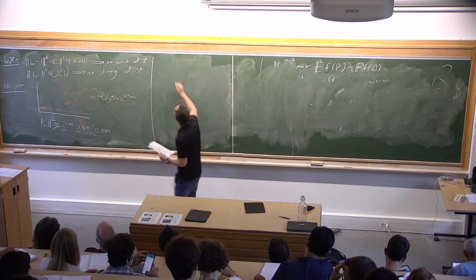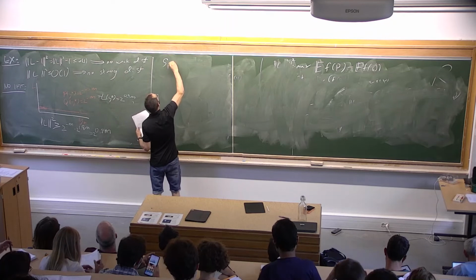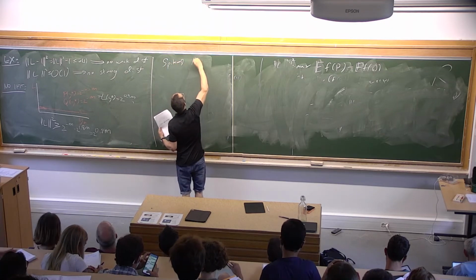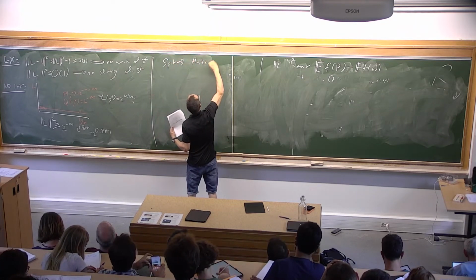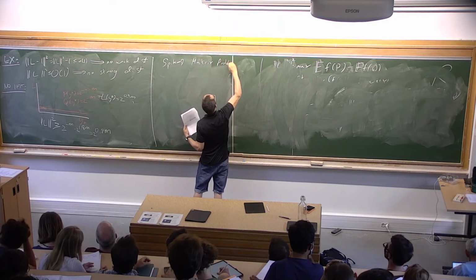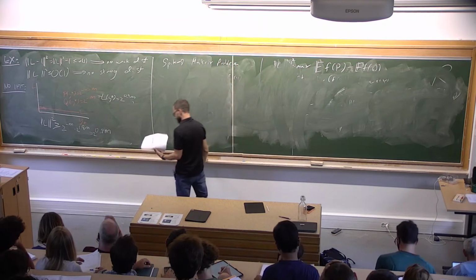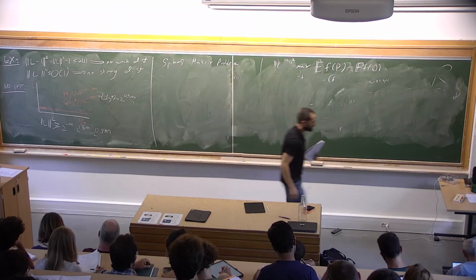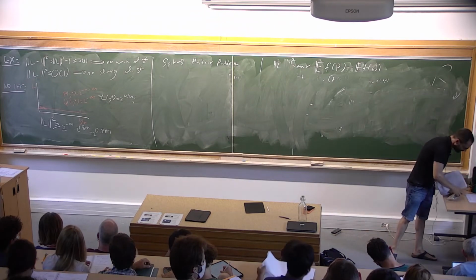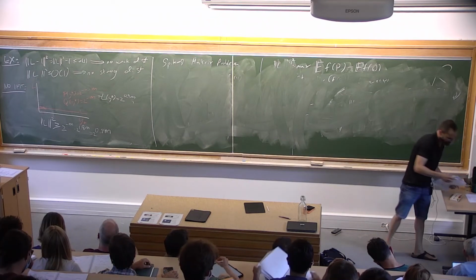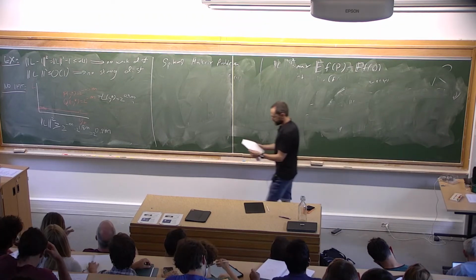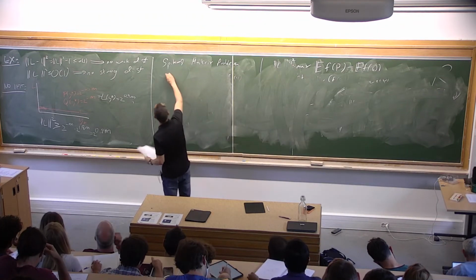now let's talk about the spiked matrix problem, because that's more interesting. There, the distribution looks like that.